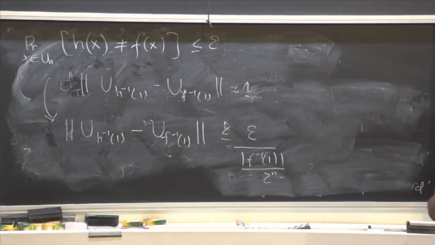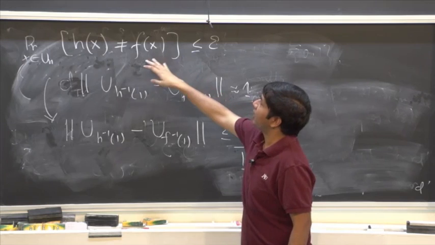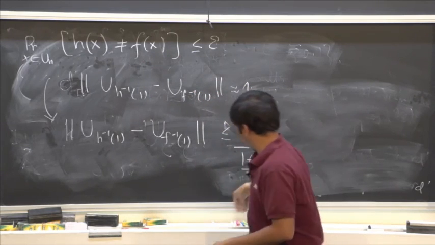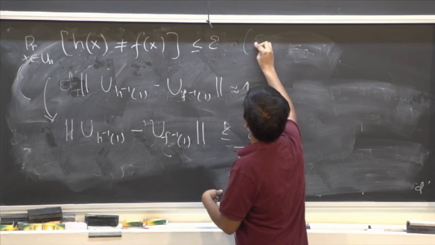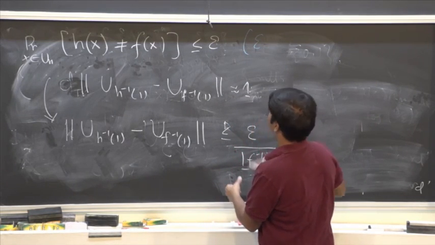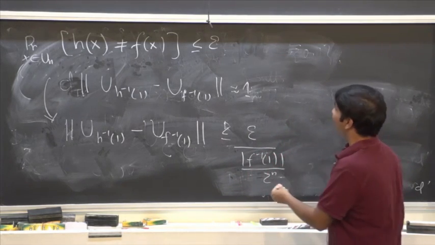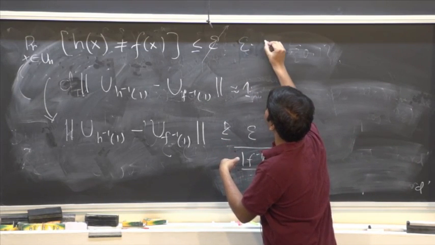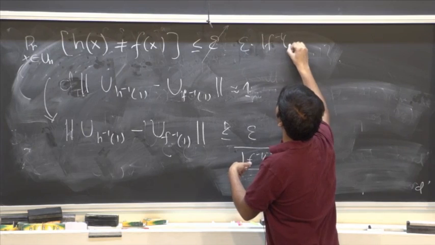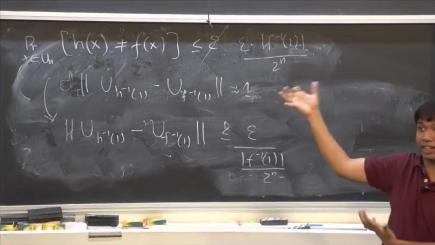So what you need to do is to learn f in this multiplicative sense. You need to produce a hypothesis h such that h and f, instead of differing by epsilon, differ by epsilon times the size of f inverse 1 divided by 2 to the n. This is the kind of error we would like, a small multiplicative error.